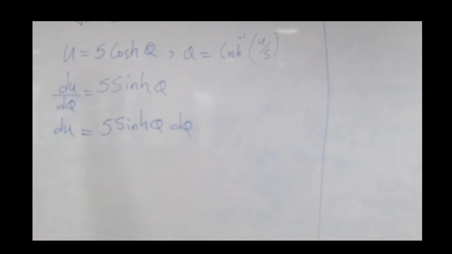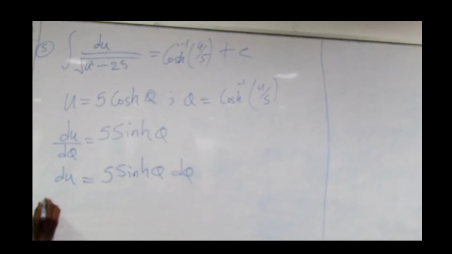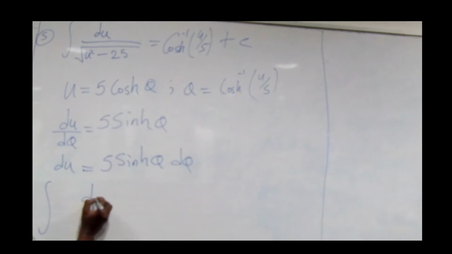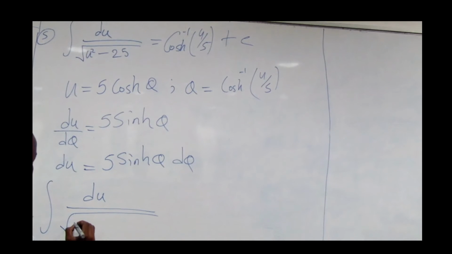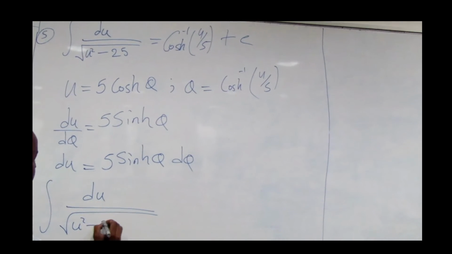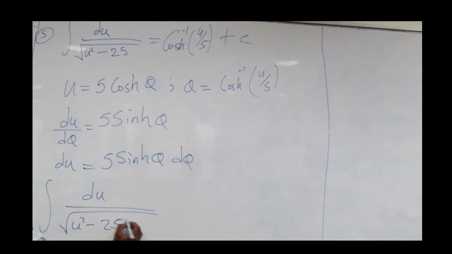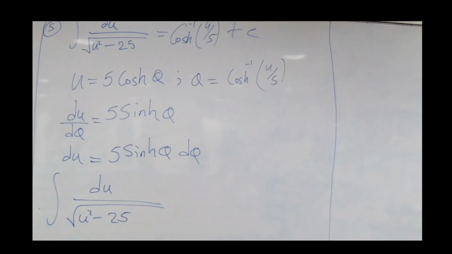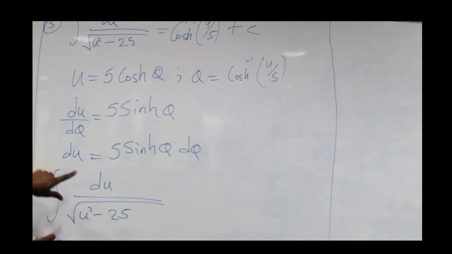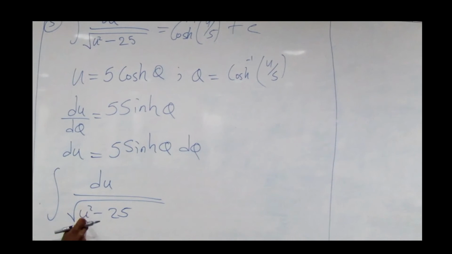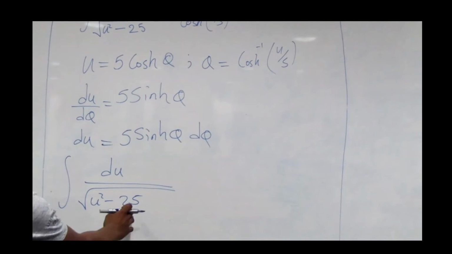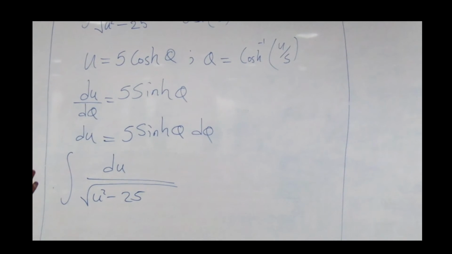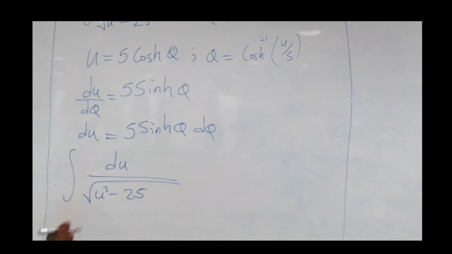Then from here, you come and take this again. Then you say du over u squared minus 25. Here we do have du, we do have u. We're going to change this 25 into an exponential form, which is 5 squared.